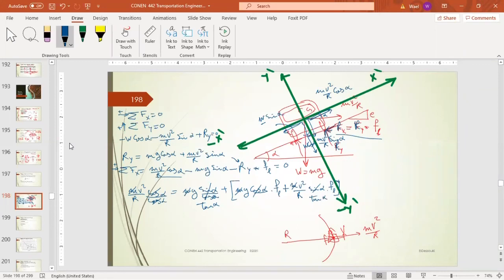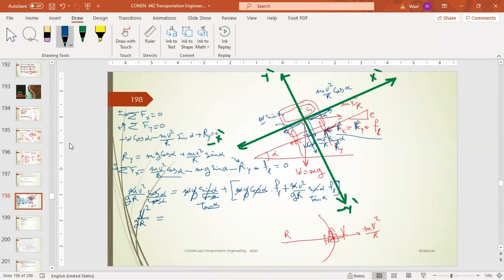So to put this form in a cleaner shape, it's v square over r equals, let's divide it also by g. So the g gets eliminated, and here we have g. So it's v square over gr equals tan alpha plus fl, that's the side friction, plus v square over gr multiplied by tan alpha multiplied by fl. Tan alpha is how much?